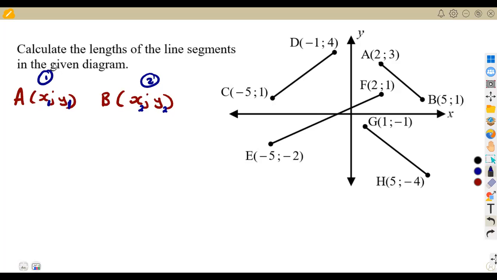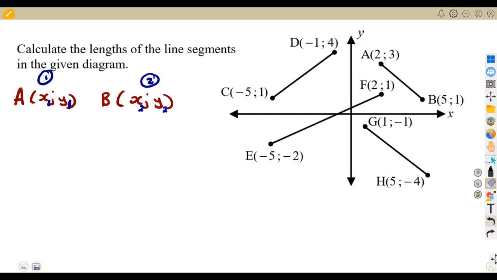The x value on A is going to be x1, y1 for the y value. B is my second point. We could have written this in terms of A and B, saying this is the x of the point A, this is the y of the point A, this is the x of the point B, this is the y of the point B. But you can just consider this way: this is my first point, this is my second point.